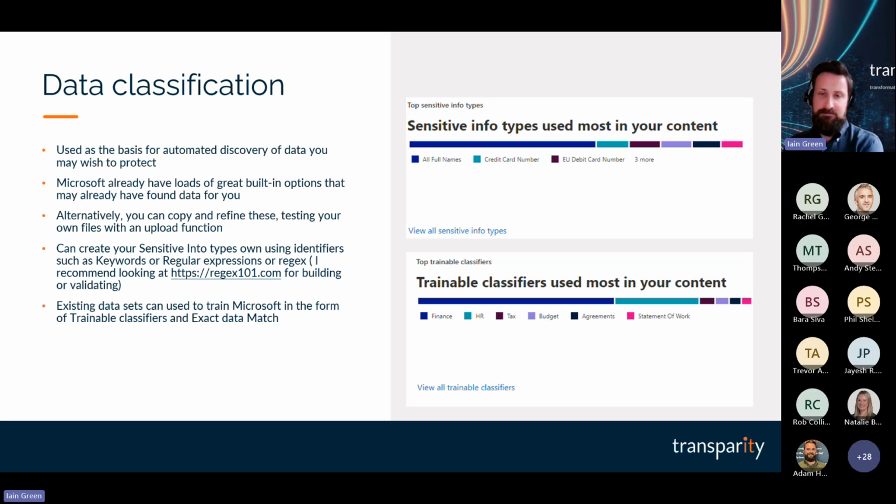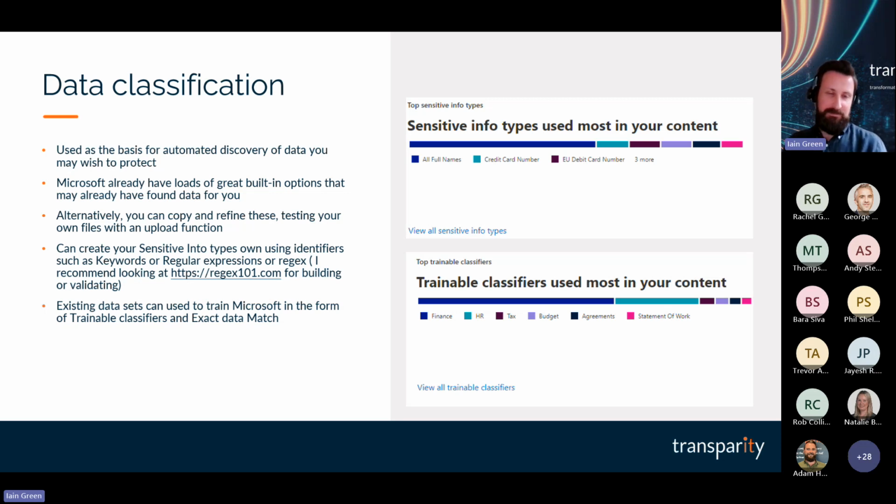So sensitive info types are designed to search for strings or sequences of numbers or word lists, dictionaries within the information that you have stored. And because of the way it works, it's very good at finding things like addresses or credit card numbers, passport numbers, things like that.